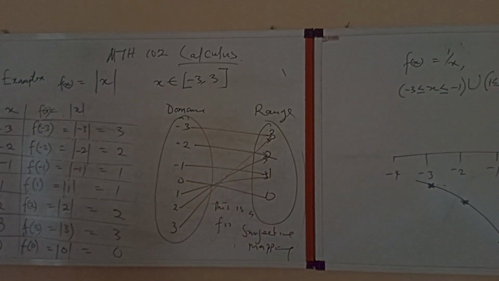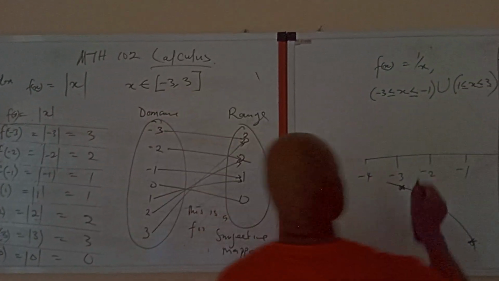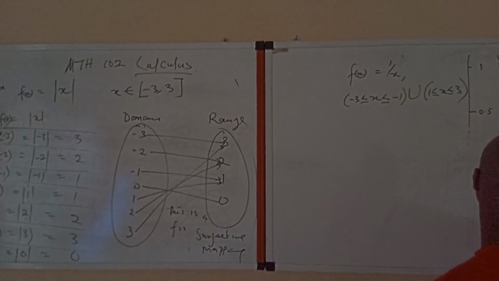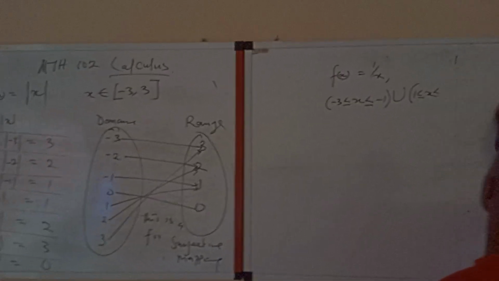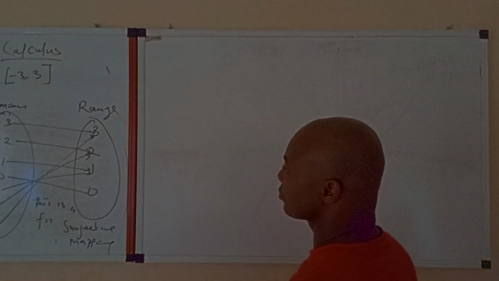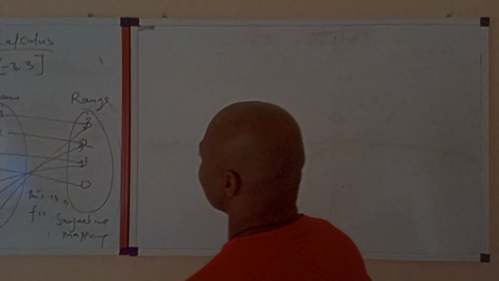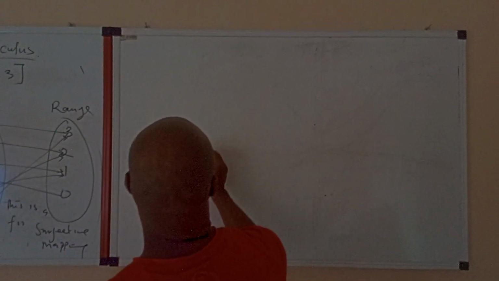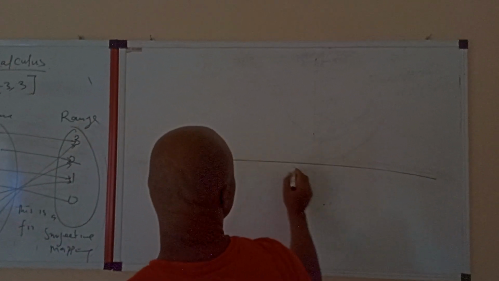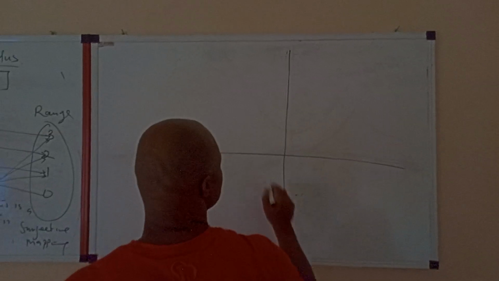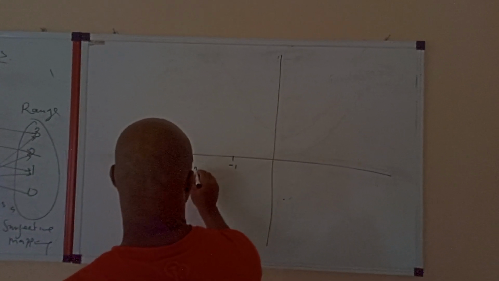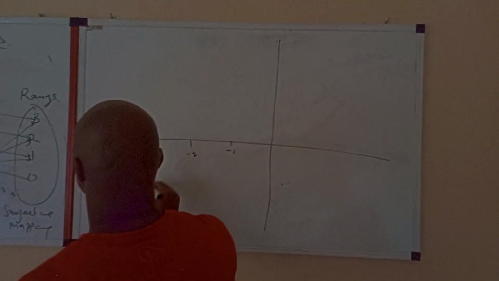Now, if we wan plot graph for this one, now make we see how e go be. If we wan really plot graph for this one, make we see how the thing go look like. If we wan plot graph, already this line here, if here na the center, then know say here na -1, here go be -2, here go be -3.